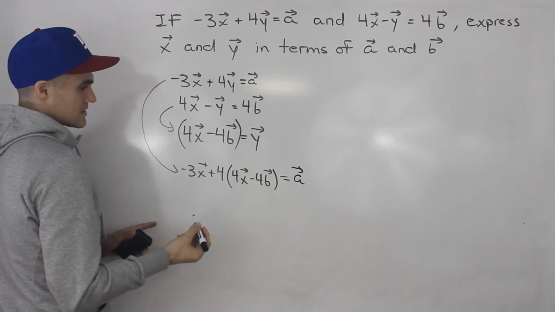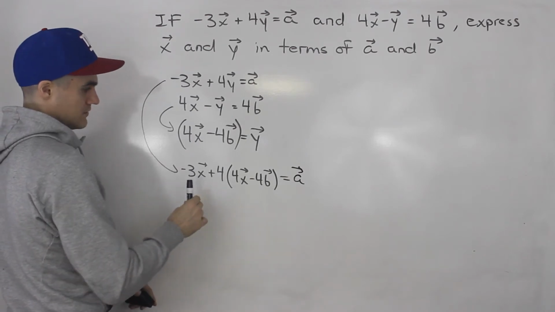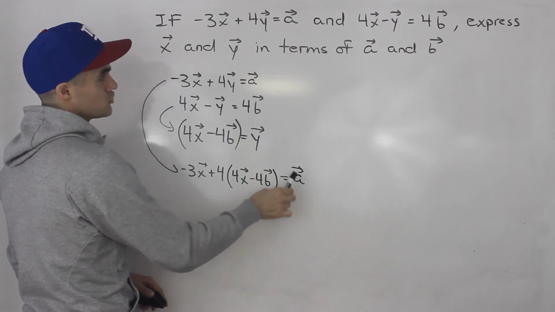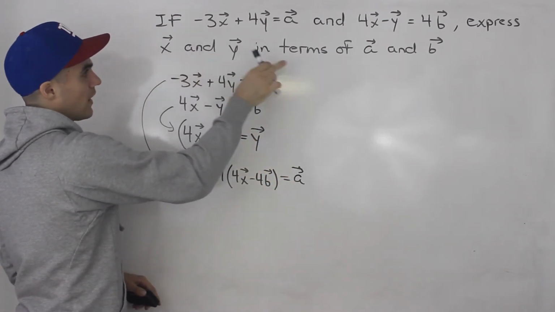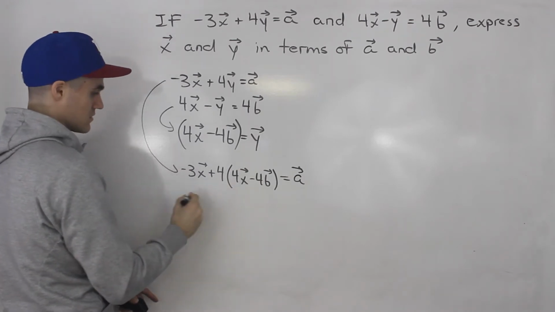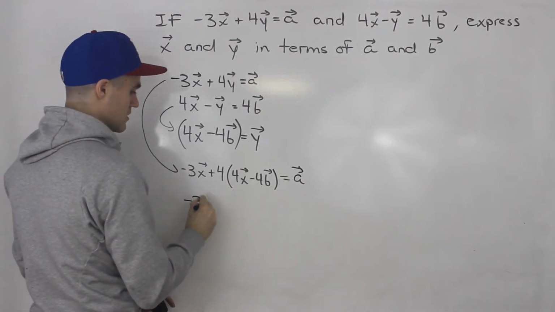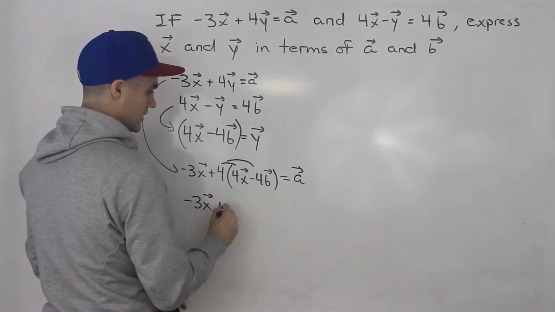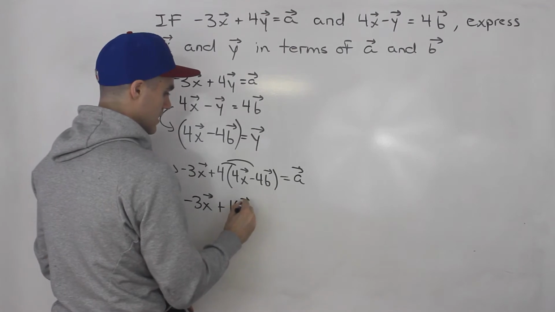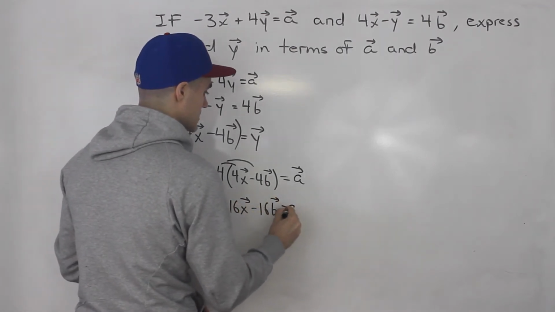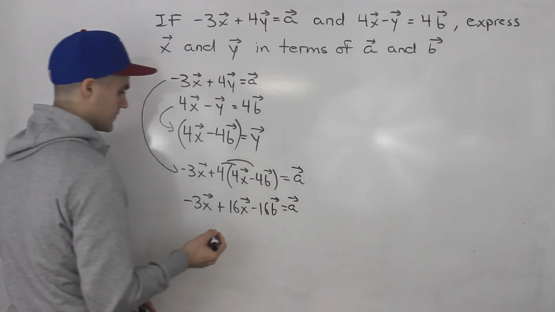So now notice how we have an equation in terms of x, b, and a. And we're trying to express vectors x and y in terms of a and b. So notice how we can isolate for this vector x here. So we got -3 vector x, distribute this 4, so we'd have 16 times vector x minus 16 times vector b is equal to vector a.